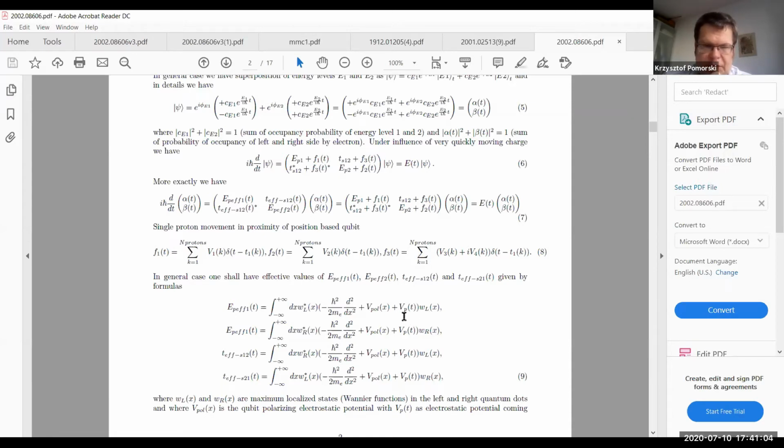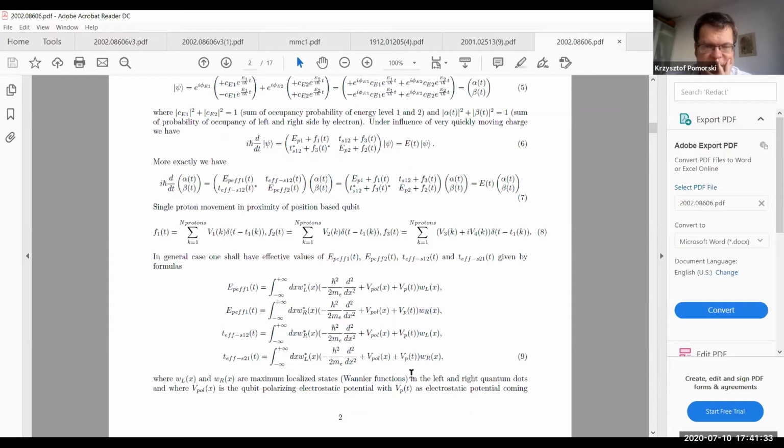There is some potential that comes from polarizing gates, and there is also some time-dependent external potential that is not well accounted for, that can result in an effective change of this AP function. So in general, it can also be dependent on position.